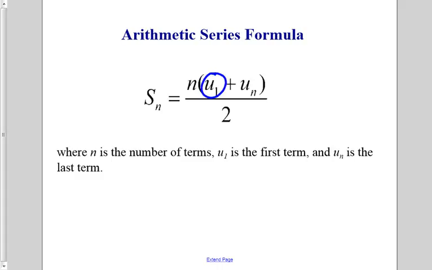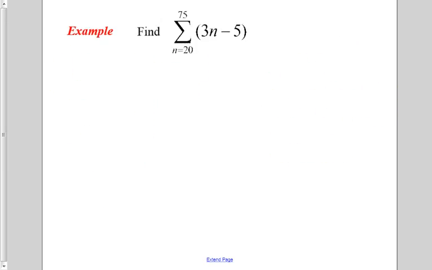So we need u when n is equal to 1. That's the first thing we must do. So I will rewrite this as the sum of n equals 1 to 75 of 3n minus 5.